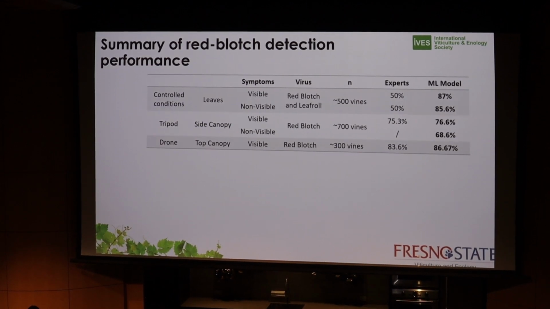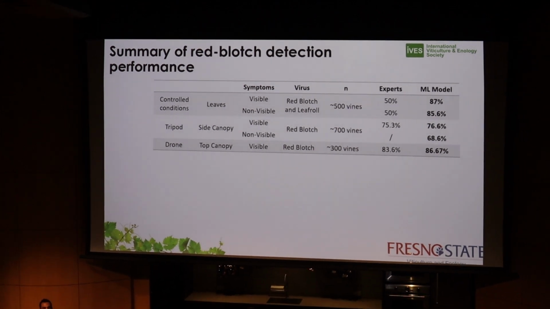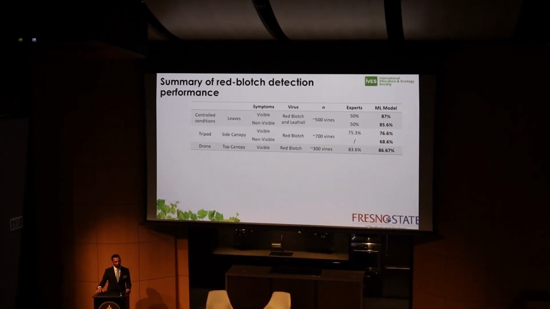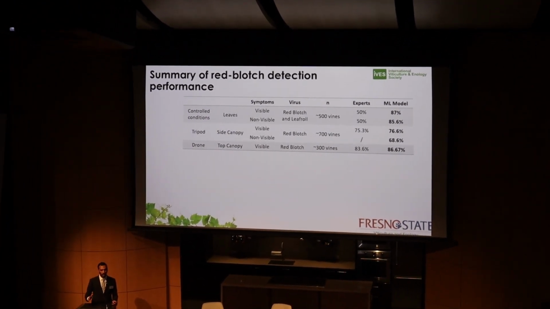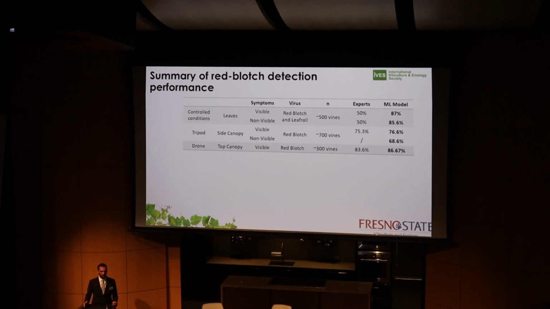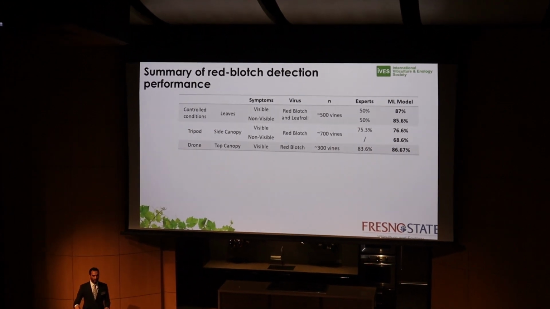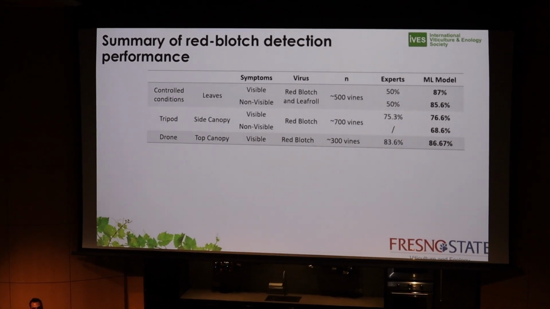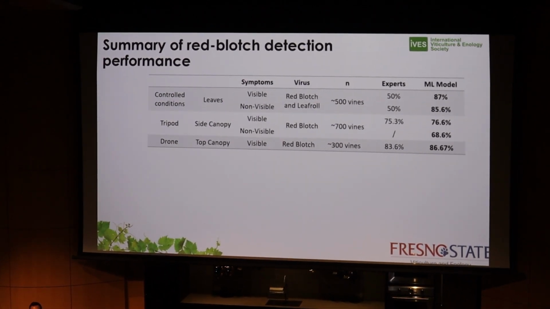So as a summary, all the machine learning models beat the expert assessment. At this point in time, they are not as accurate as a PCR, but we are not very far, because if a PCR is 95% accuracy, we are 87% with imagery. I think we are very close to provide that tool to the industry. At the same time, considering that we use PCR data to assess the disease, you also need to consider we will never be higher than that.